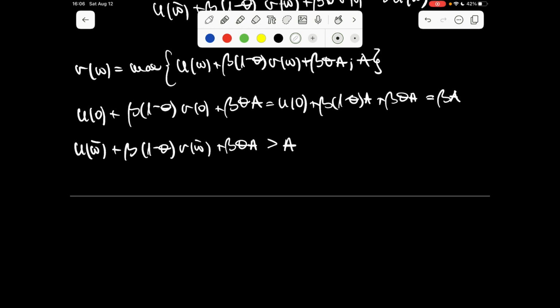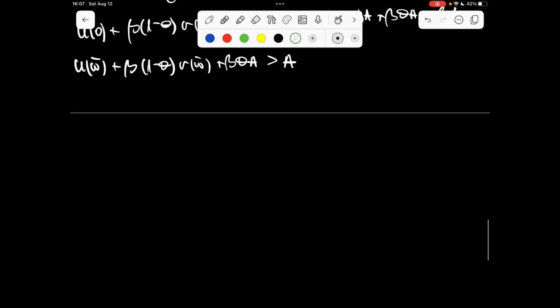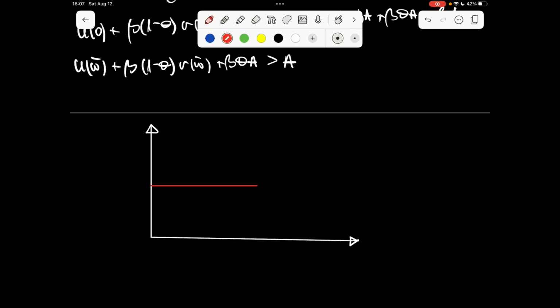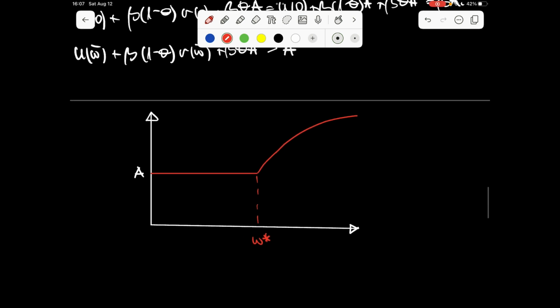So again, because of the Bolzano theorem, there is only one wage level in this figure where, so this is A, and there is a unique wage level that separates the two sections of the value function.